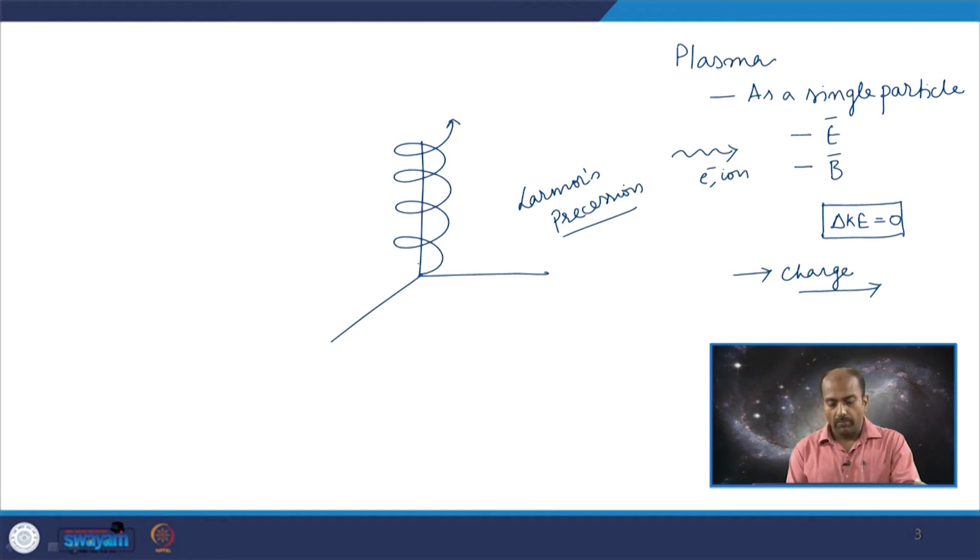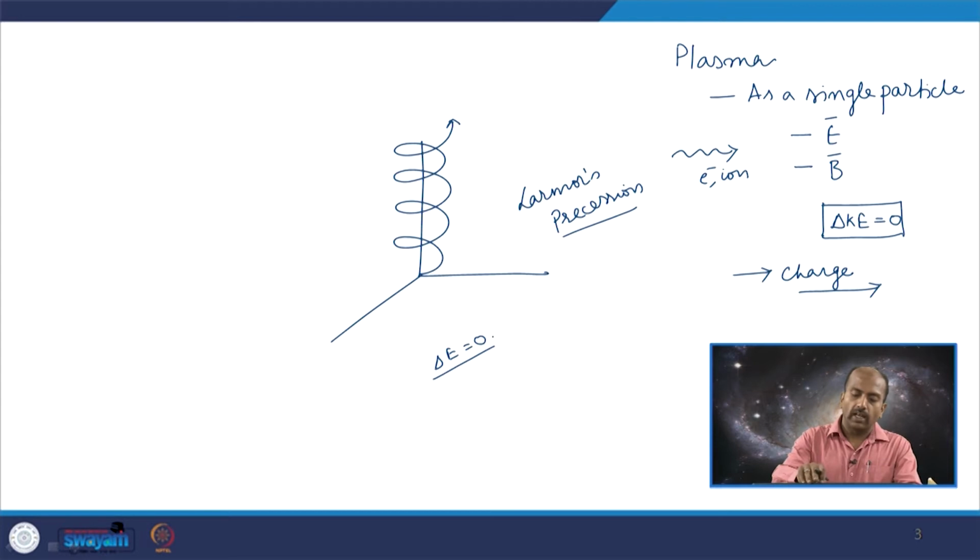Different types of particles, ions and electrons, will gyrate in opposite directions, and the net amount of work done in this picture is 0, that is, the change in energy is 0. So, this was one example that we have seen.